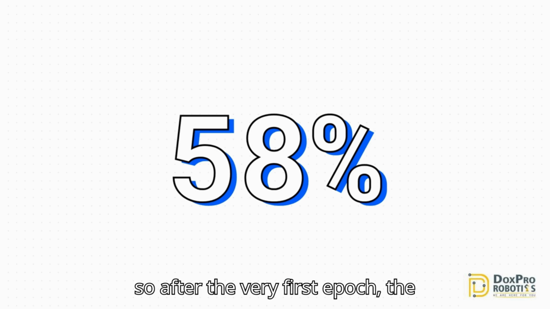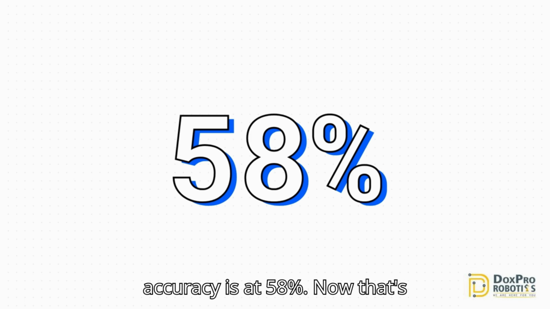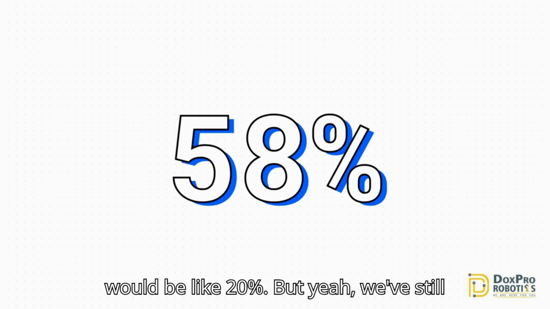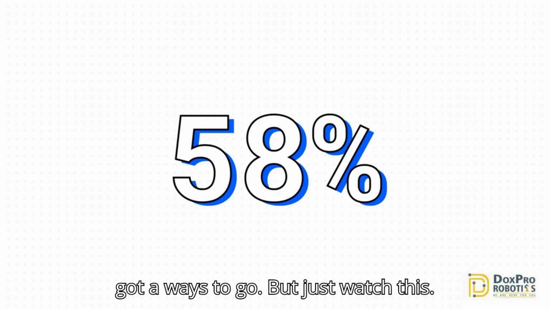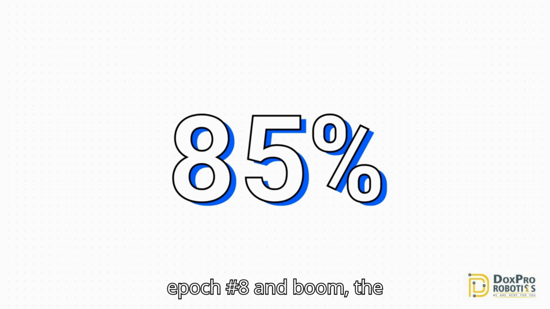Okay, so after the very first epoch, the model's first look at all the data, its accuracy is at 58%. Now, that's way better than just guessing, which would be like 20%, but yeah, we've still got a ways to go. But just watch this. We fast forward just a little bit to epoch number 8, and boom, the accuracy has shot up to 85%.